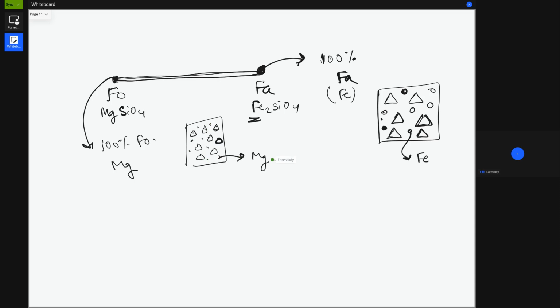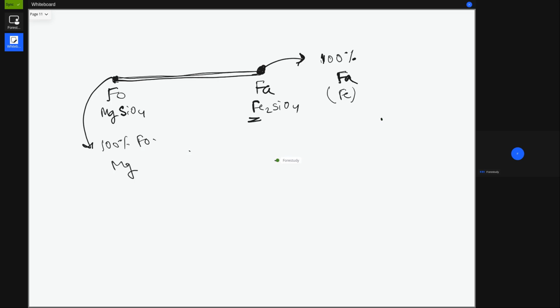So this will be 100% Fo, and this will be 100% Fa. Now if we find any rock here, what will the composition be? Since this is 100% Fa and this is 100% Fo, here it is 0% Fo, and here it is 0% Fa. So 0% Fe is here and 0% Mg is here.